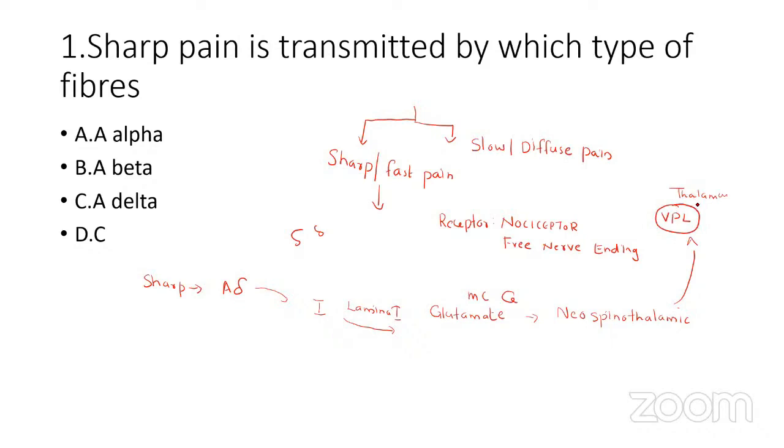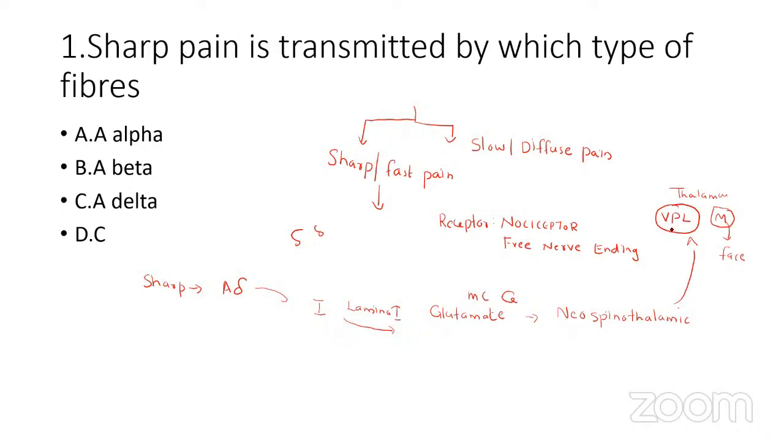There are two nuclei, ventro-posterolateral and ventro-posteromedial. The medial is for sensations from the face. This is another MCQ. Pain sensation from the face terminates in the medial nucleus, ventro-posteromedial, while the pain sensation from all other parts of the body terminates in which nucleus of the thalamus?